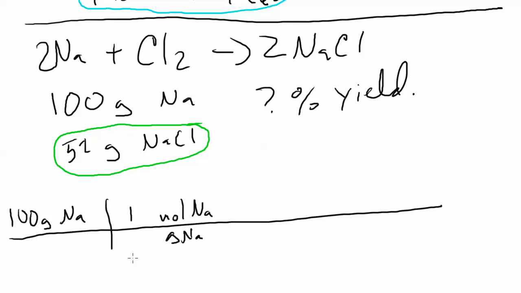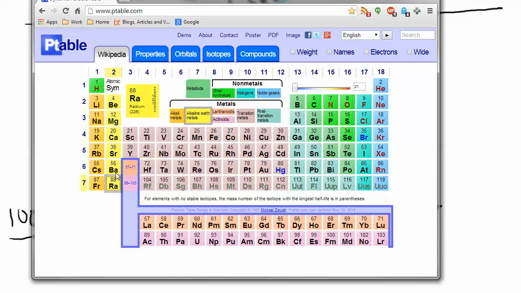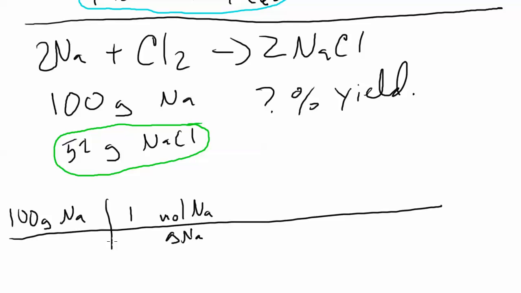So we're going to need the molar mass of sodium. Let me grab the periodic table down here. Sodium, if you don't know by now, is 22.99 grams per mole. So we'll put that here.